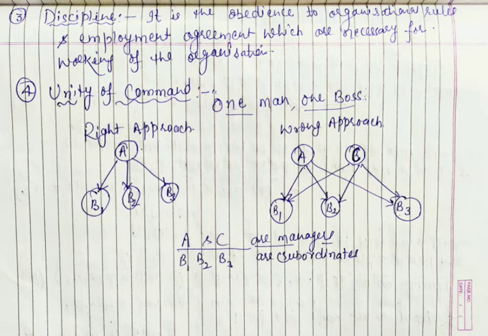For example, suppose the production manager of a company manufacturing scooters asks his foreman to achieve a target production of 500 scooters per day. But he does not give him the authority to get tools and materials from the stores department. Then the foreman is not able to achieve the target.